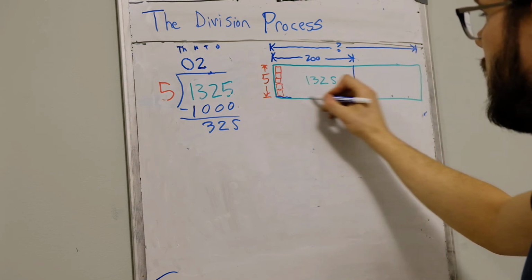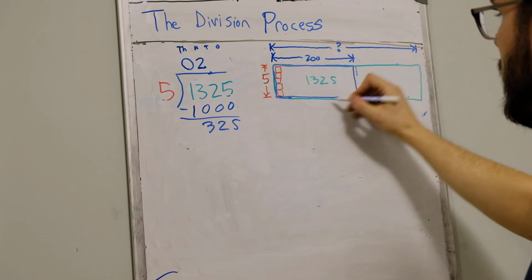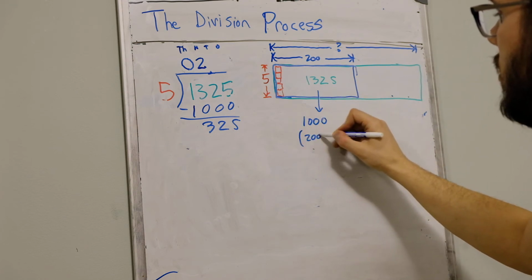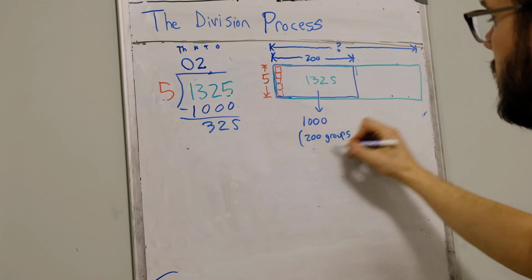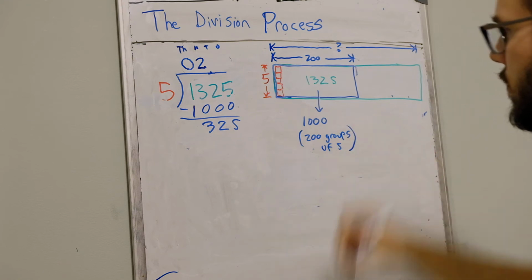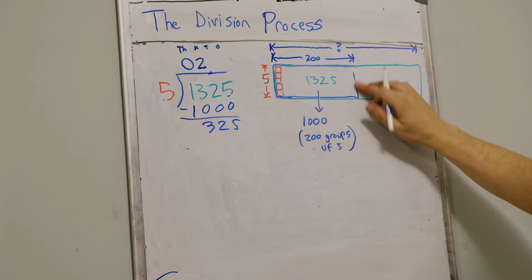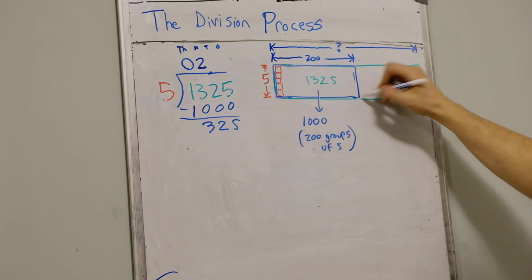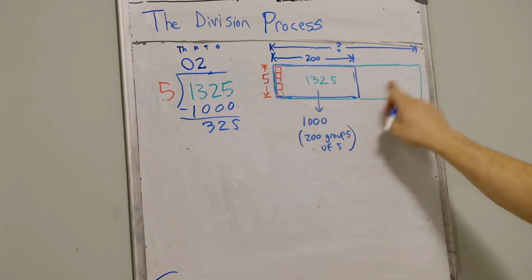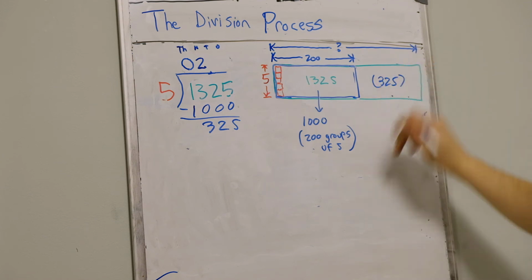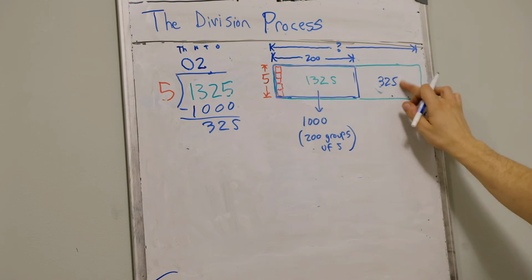So this piece here is worth 1,000, and it's 200 groups of 5. Now we're left with 325. Obviously my diagram is not to scale here, this is 1,000, and what's left here is 325. Just keep it like this.